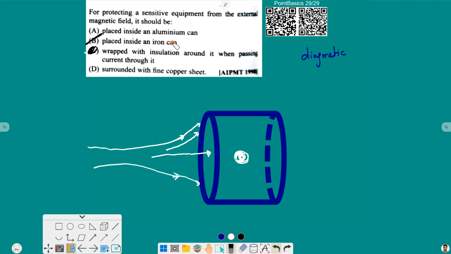And it is necessary that the material should be hollow from the inside, and outside it should be a thicker material, so that magnetic field passes through the thicker part, and in the hollow part we have very small amount of magnetic field. So option B will be the right answer here.